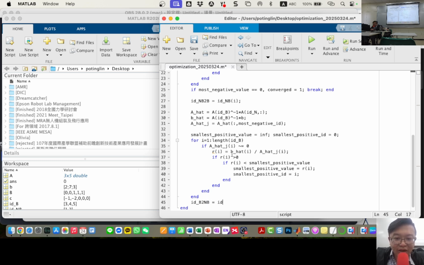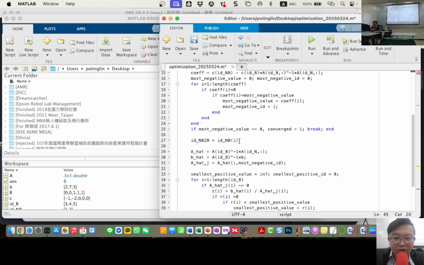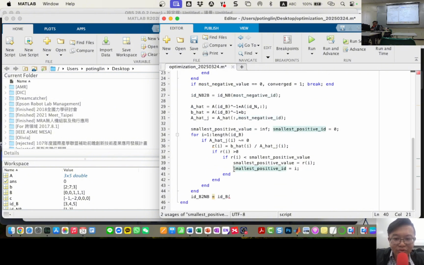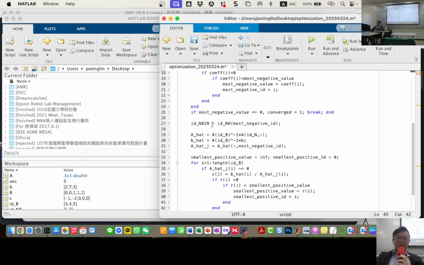So it's going to be the ID of basic of, oh, here is not I. Here is most negative ID. Is it? Yeah, most negative. So here is most positive ID. So this is where you figure out which.